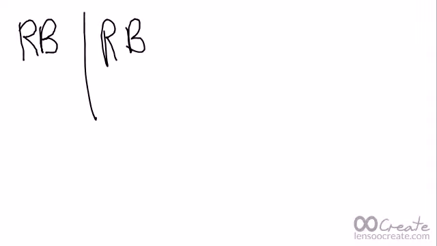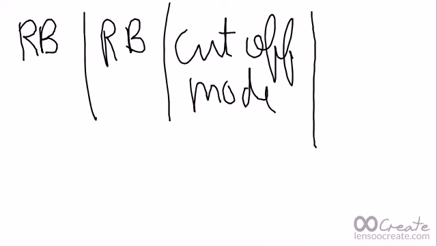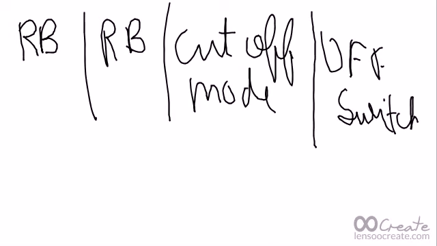And if both are reverse bias, then it is in cutoff mode. And it will act as an off switch. Fine. If both are in reverse bias, then it will act as an off switch, cutoff mode. Both forward bias, saturation mode, on switch.